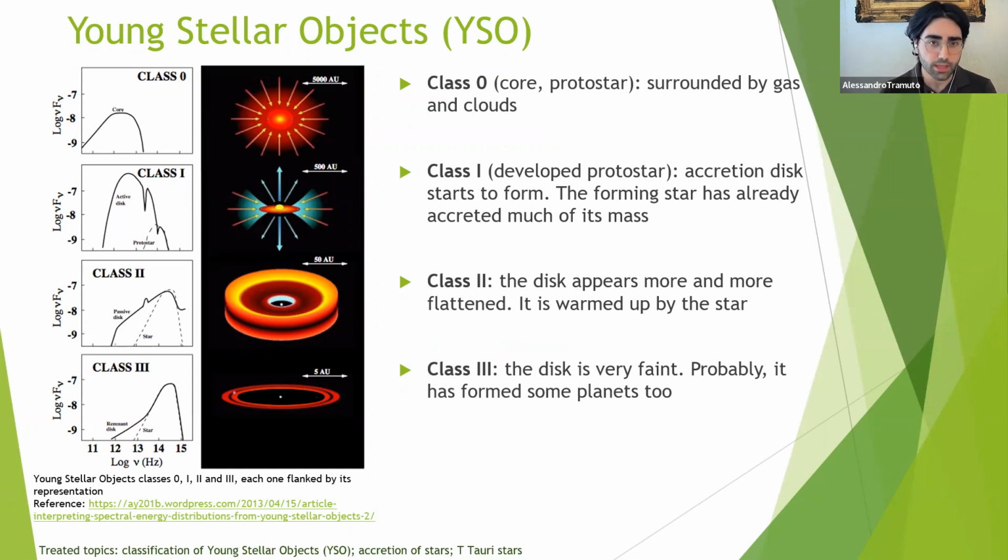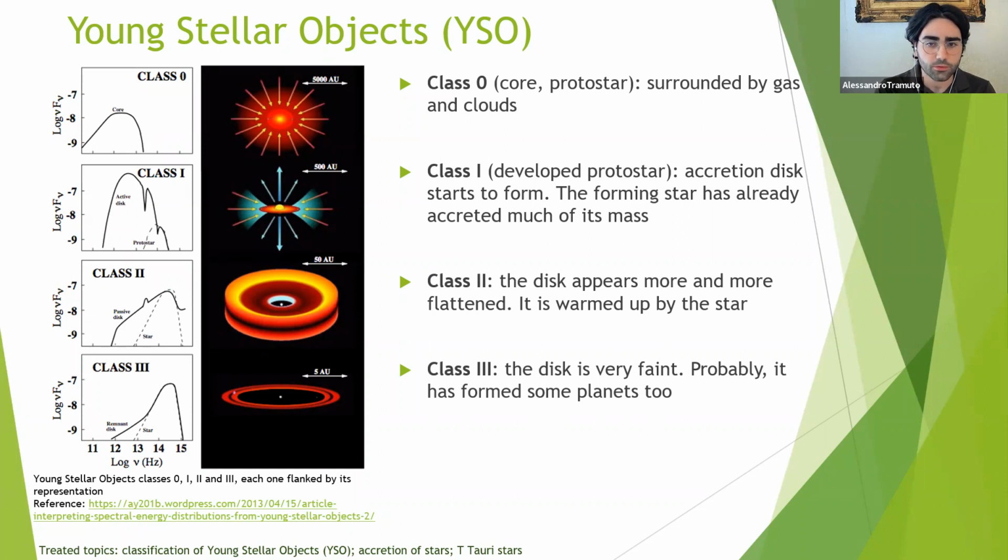The class 0 is where we have just the protostar, and it is surrounded by gas and clouds, and the black body radiation component in the spectral energy distribution is almost 0. In the class 1, we have a more developed protostar, where we are seeing that an accretion disk is starting to form. So we have a great part of UV emission which is starting to form.